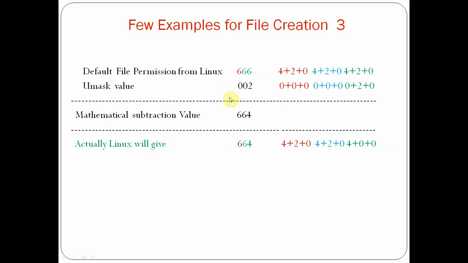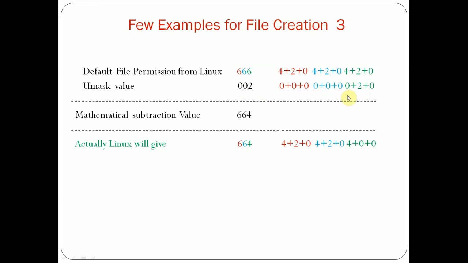If you give the umask value as 002, it means I don't want to restrict any permission, read, write or execute, for owner. And the same, I don't want to restrict read, write, execute permission for group. In case of others, I want to restrict only write permission, because 2 is the weight for write permission. As we already know, 1 is for execute, 2 is for write, and 4 is for read.